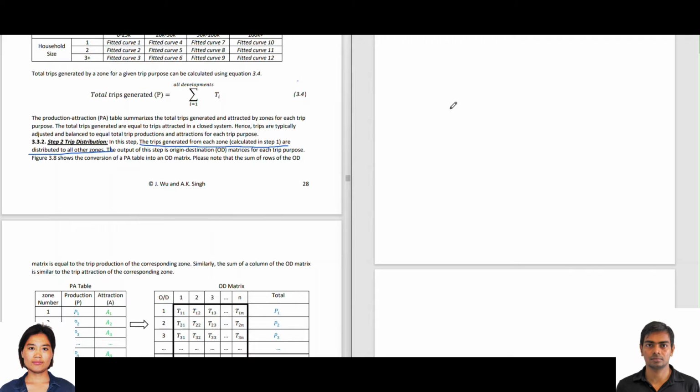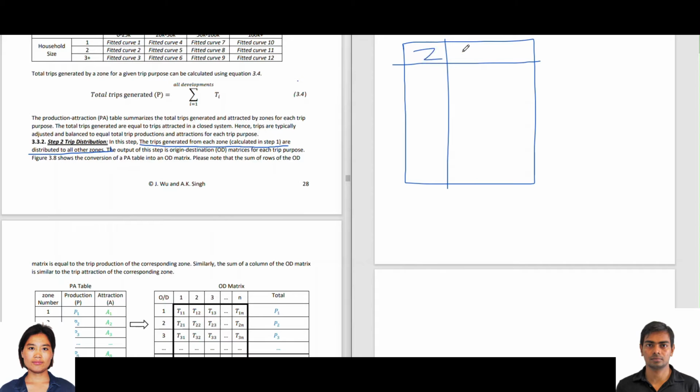In the last video we ended at something called the PA, production attraction table, that gives us the number of trips that are produced and attracted for each zone for each trip purpose. So what we have is the zone number here, we have production, we have attraction, and we have a bunch of zone numbers.